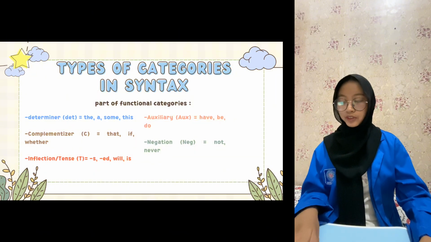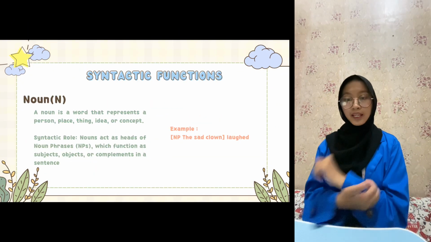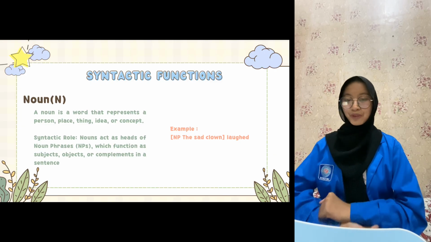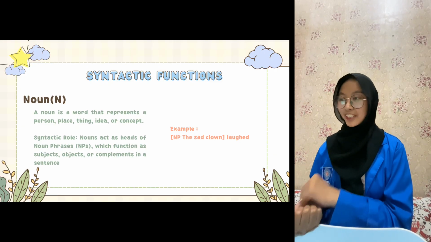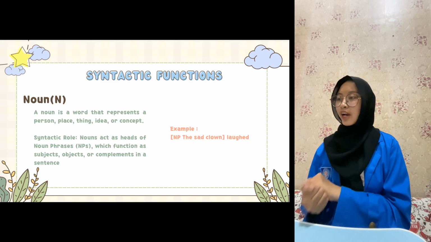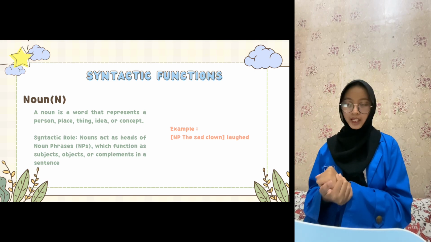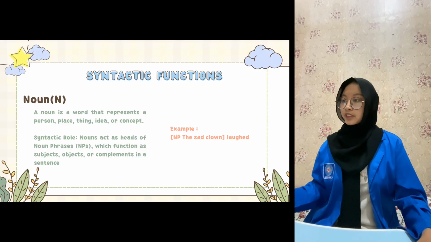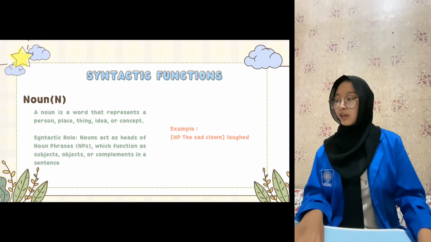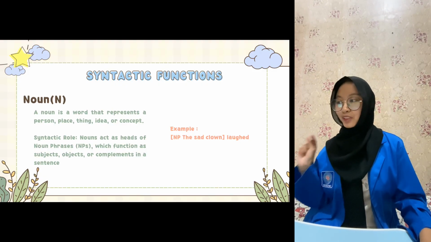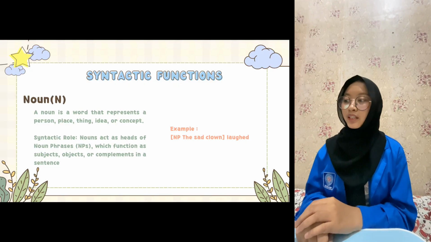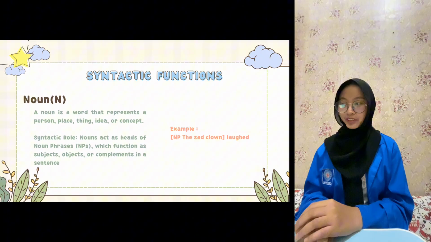Moving on to syntactic function. Next, we have a closer look at each part of speech's function syntactically, or how it takes a role in sentence structures. First up, there's noun. What is a noun? A noun is a word that represents a person, place, thing, idea, or concept.